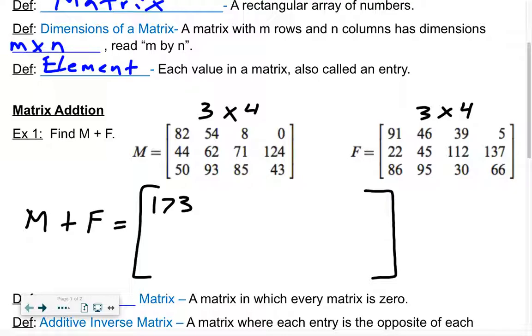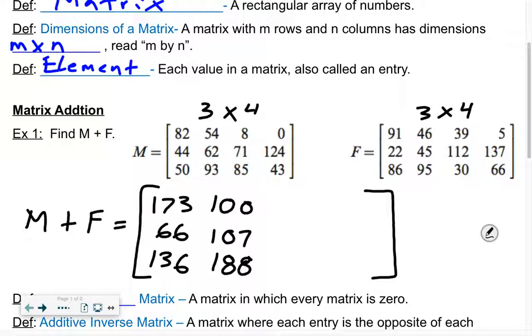So Ashlyn and Sydney, what did you get for the next one here? 66. Yep. 44 and 22 is 66. Last one. 136. If we go to column 2. 100. 107. 180. Third column. 47.